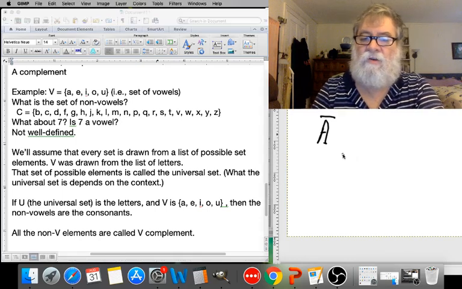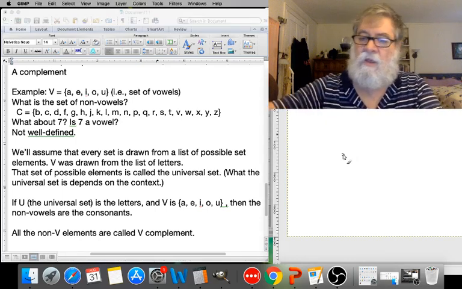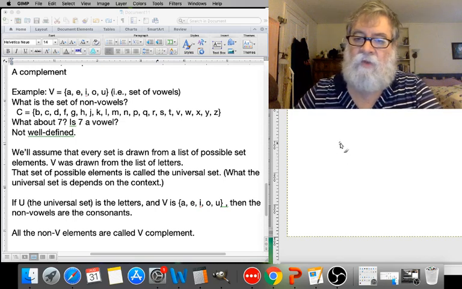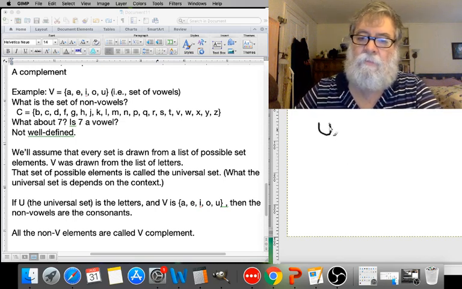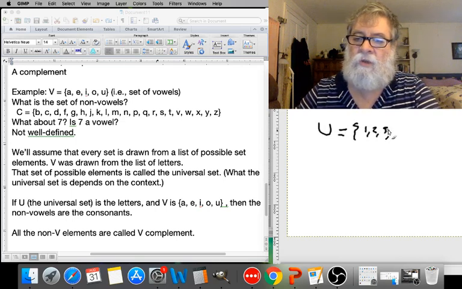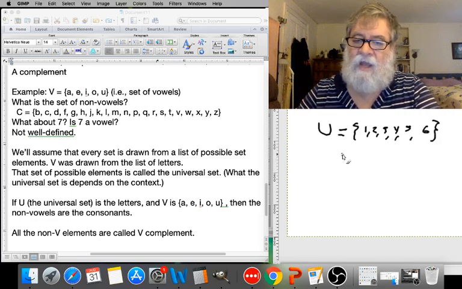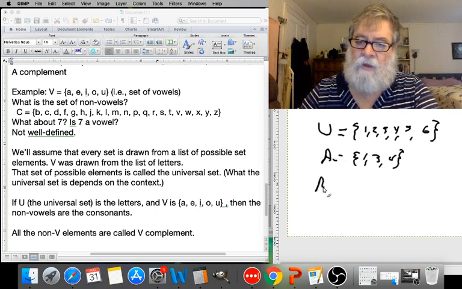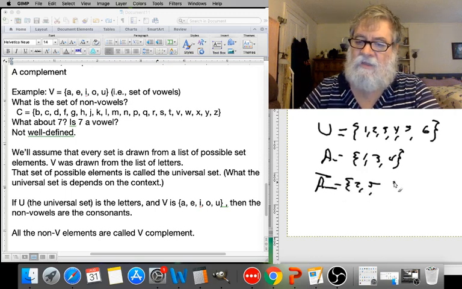So over here, if we have a universal set of, say, let's call it U, if we had a universal set of, say, 1, 2, 3, 4, 5, and 6, and then we had a set A, which was 1, 3, 4, then A complement would be, oh, good grief, would be 2, 5, 6.